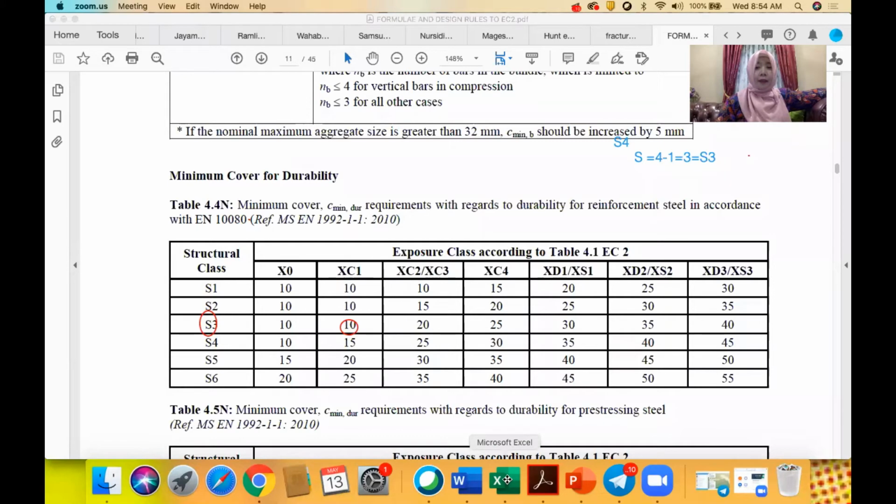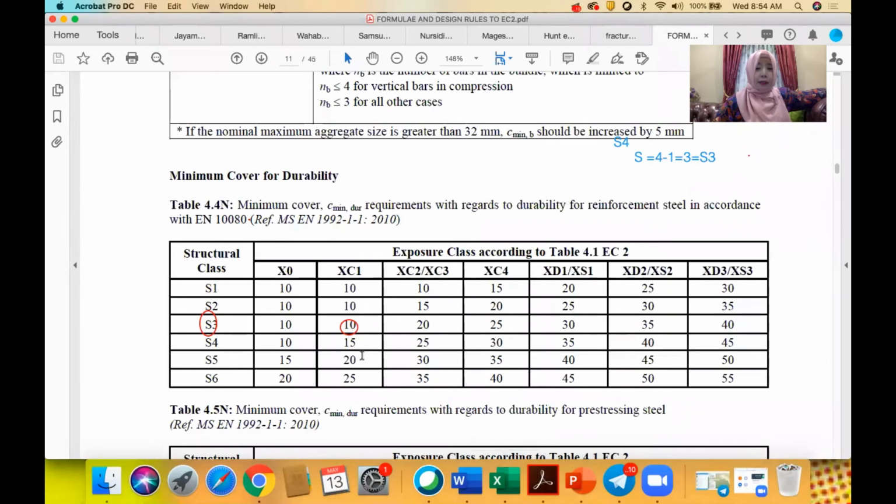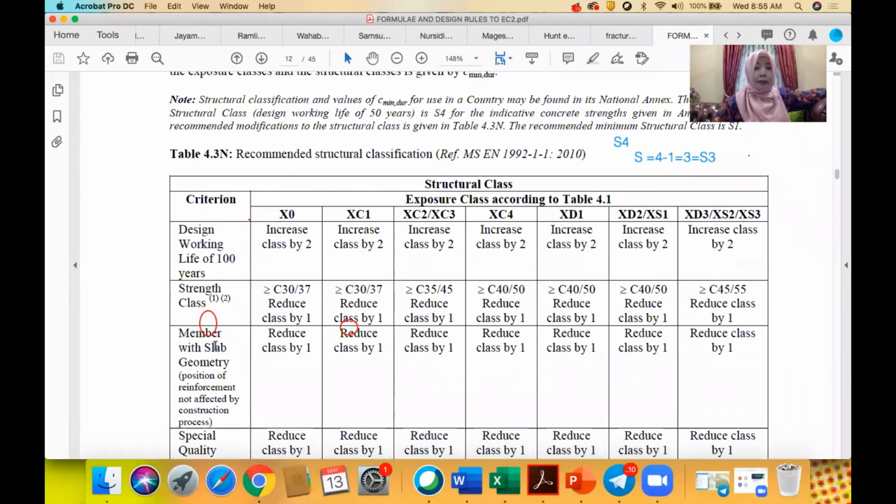Okay, look at here. Minimum cover is 15. Why 15? Actually, it's 10 millimeter, because 4 minus 1. Just now we needed to minus 1, right? Member with slab geometry, reduce by 1.